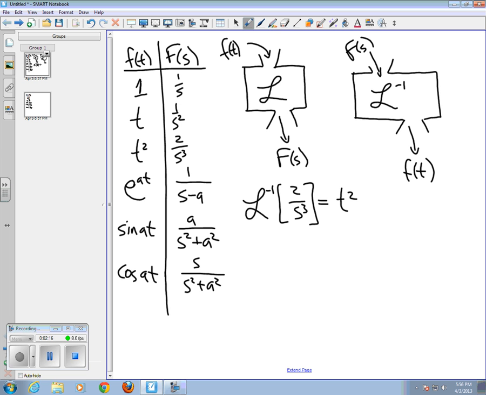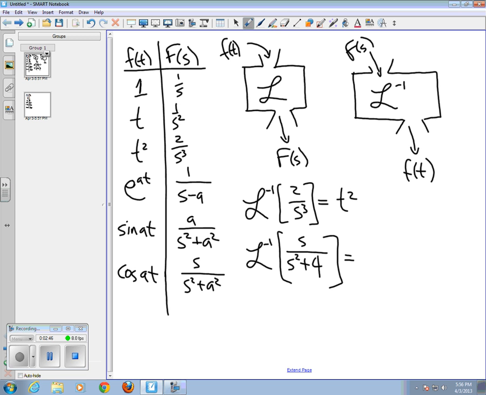That one was fairly trivial to see, but let's take a look at one that might be a little more complicated, although not much. If we take, say, for instance, the inverse Laplace transform of s over s squared plus 4, then looking at the table, we can see that that looks like our last entry on the right-hand side if a had a value of 2.